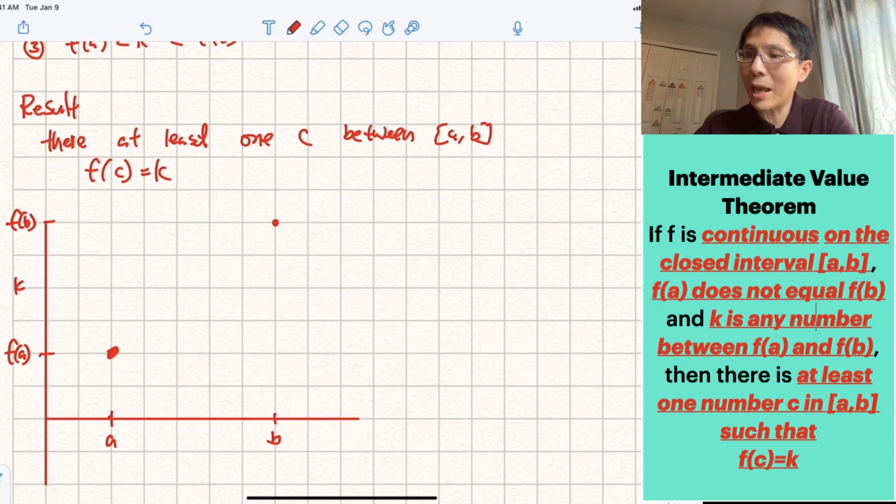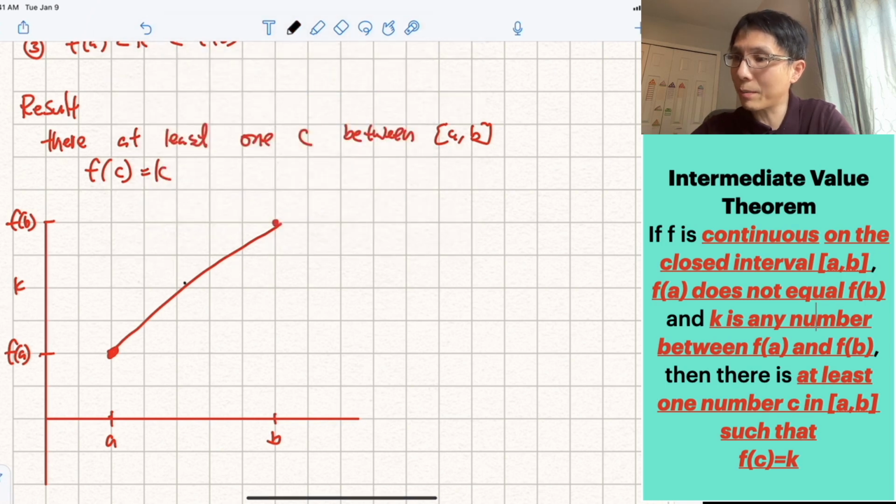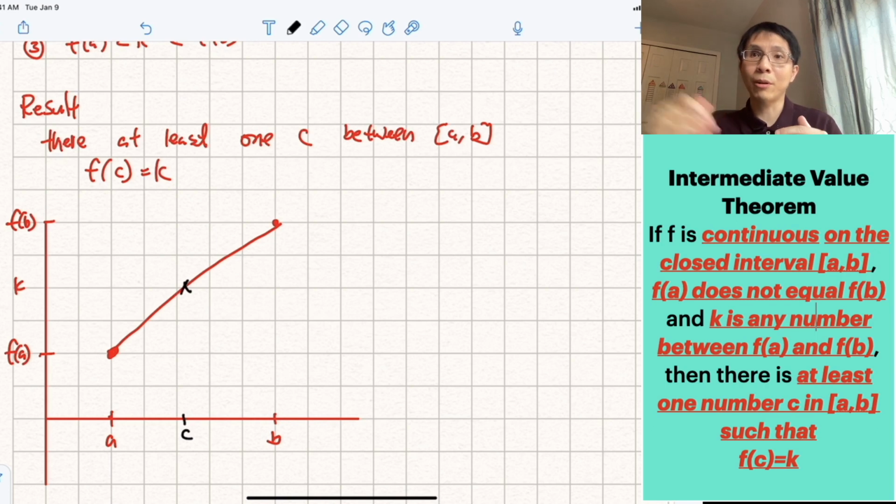So it must go through this value here. At this point, some c value between a and b must be passed by k. The most important thing is to establish the outputs of the endpoints. Then, if the function is continuous, it's going to go through these points.